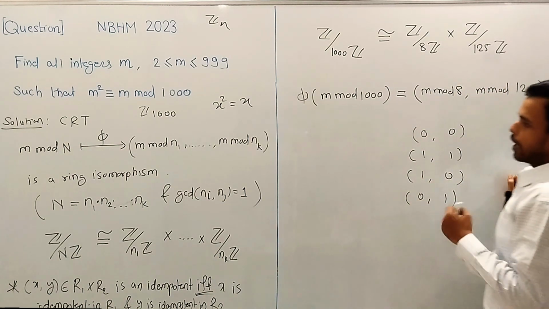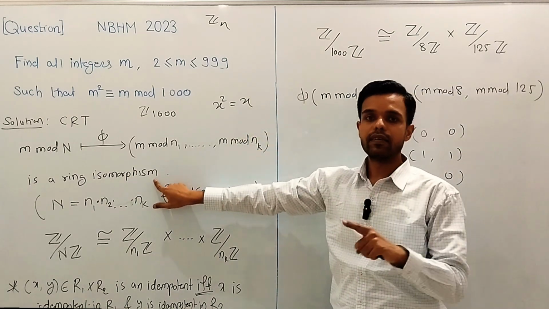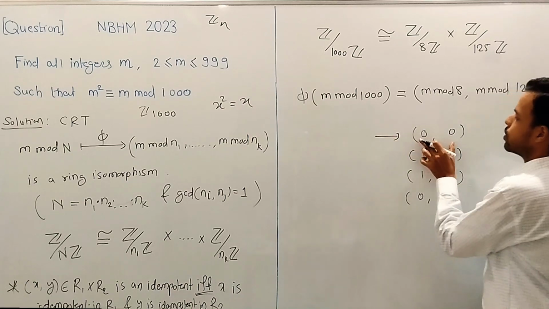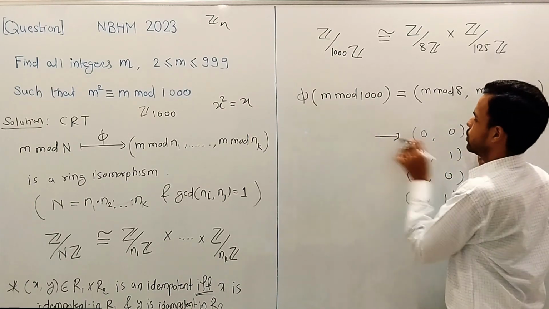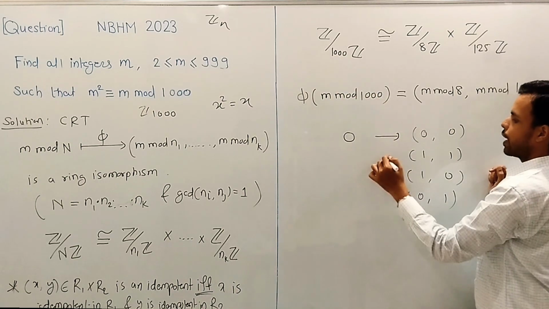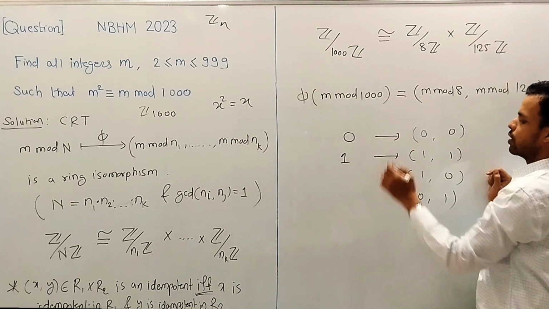And as this mapping phi is a ring isomorphism, it is a ring homomorphism. So the pre-image of the 0 element in this direct product is the 0 element in this ring, and the pre-image of (1,1) is the unity in this ring.